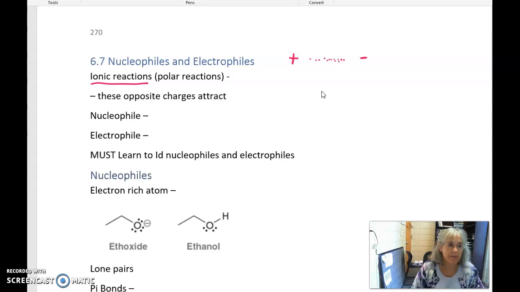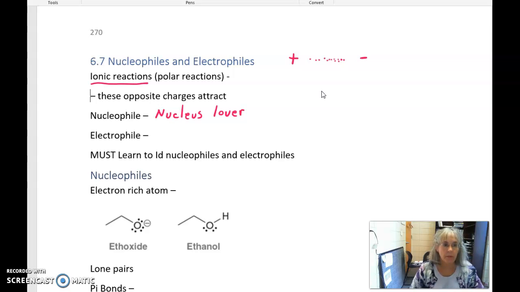A nucleophile, nucleo is for nucleus, phile is lover. So this is a nucleus lover. And the nucleus is, of course, positively charged. So this is something that's negative.